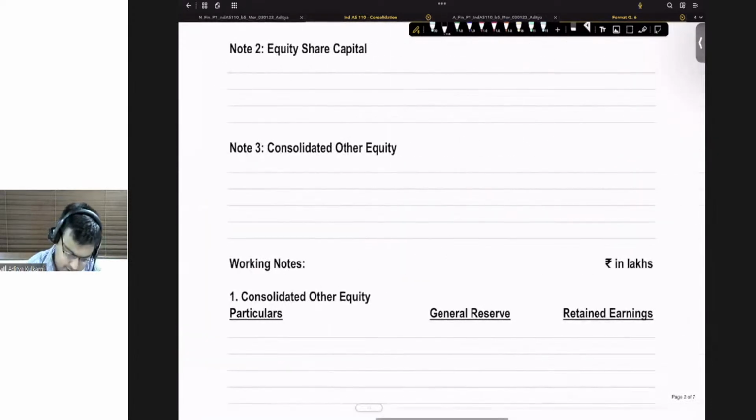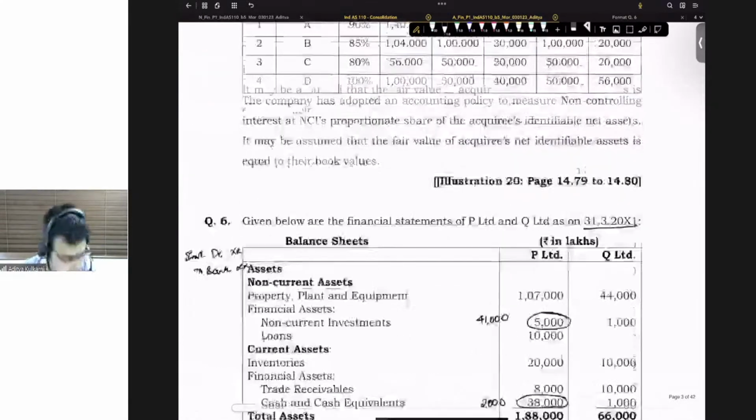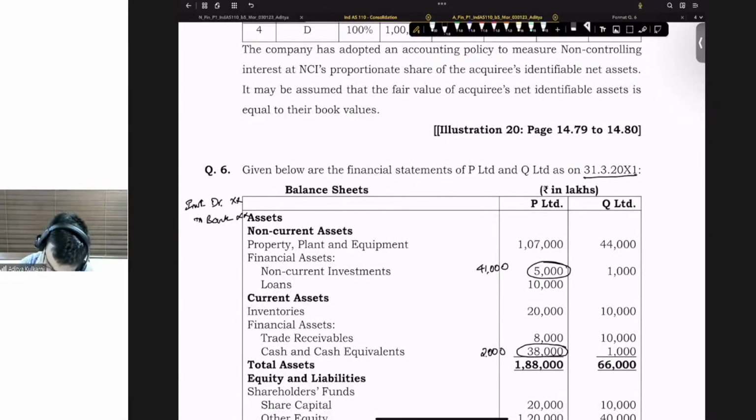Okay, so this is done. Let us then move on to the next one. Equity share capital of the parent is what is going to come. So parent's equity capital is 20,000. Somewhere they have given that it is face value of 10 rupees per share.